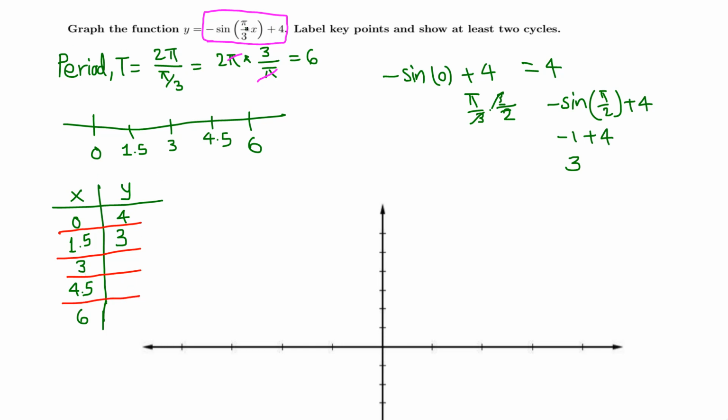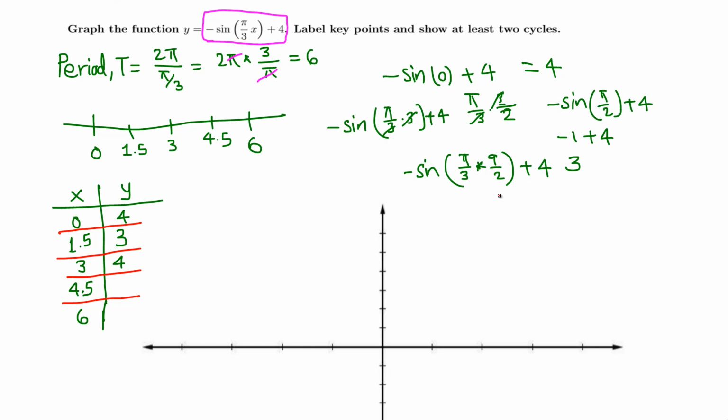Let's plug in 3 here. Negative sine pi over 3 times 3 plus 4. The 3s cancel, sine pi is 0, so this is 0 plus 4, just 4. Next, 4.5, which is 9 halves. Plug in negative sine pi over 3 times 9 halves plus 4.